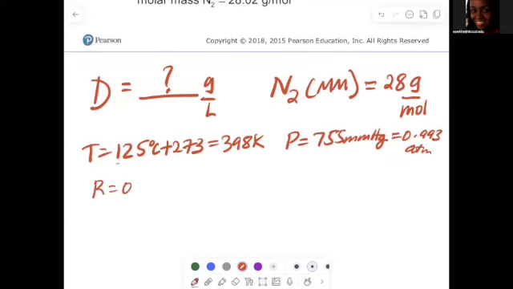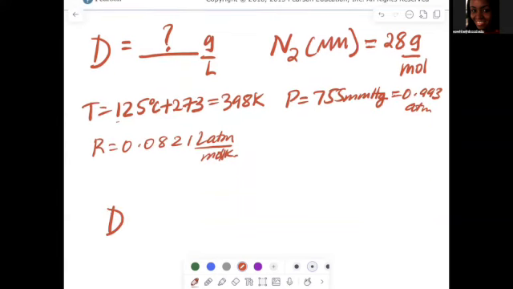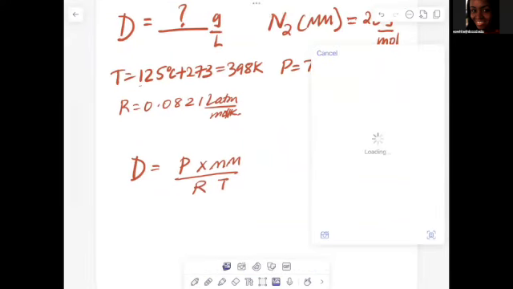R is 0.0821 liters times atmospheres over mole times K. Oops, I combined that. It's mole times K. Okay, density formula is pressure times molar mass divided by R and T. So pressure here is, let me zoom this out so I can see my numbers.